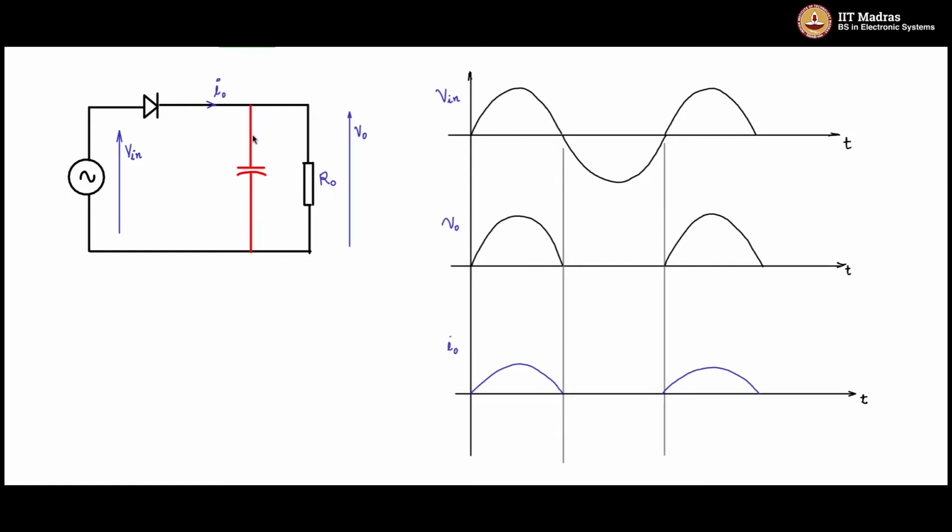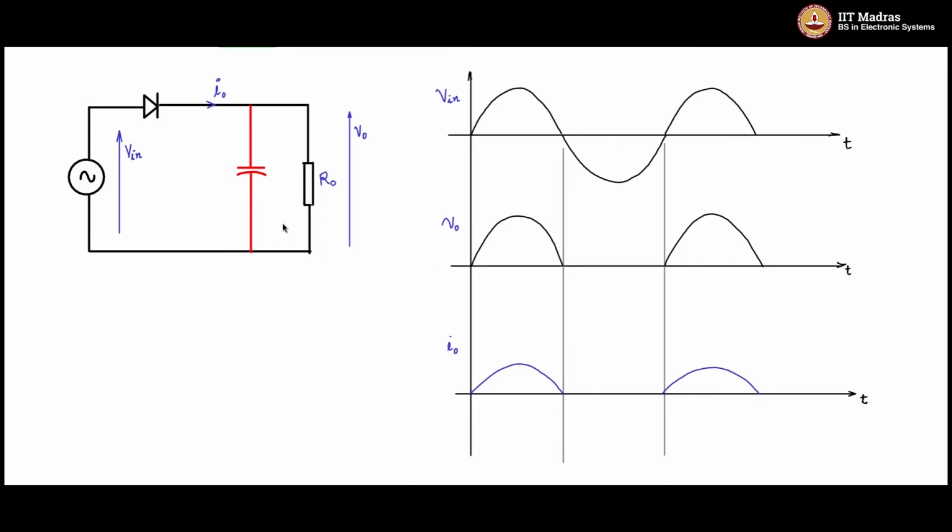The capacitor, by virtue of its physics of operation, will not allow the voltage across it to vary instantaneously or discontinuously. So the voltage will be smoothened across the capacitance, because voltage is 1 by C integral of the current through it dt. Because of the integral action, there is a smoothing effect on the voltage across the capacitance.